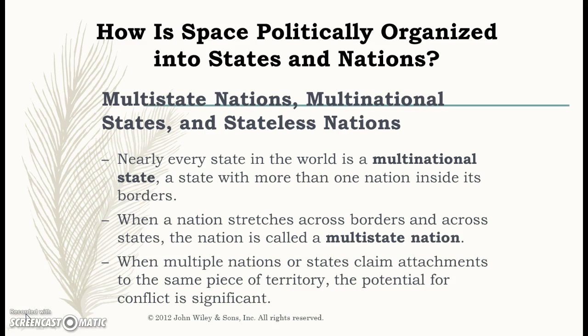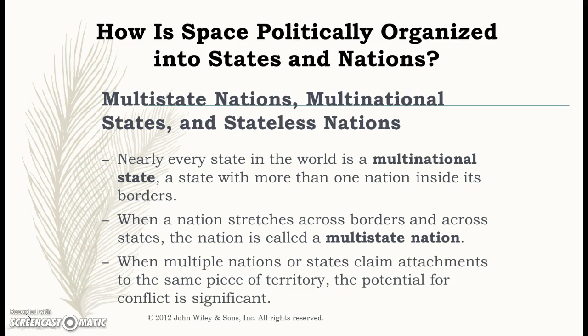So, when we're talking about states and nations, if you remember back to our last lecture, part of what we talked about were what those two terms mean. And remember, states are actual governing bodies that have defined territories, stable populations, and control over those territories, and they're able to maintain borders.